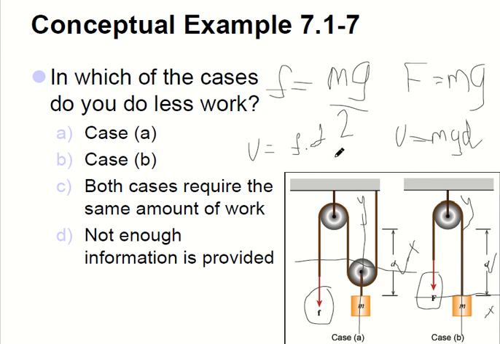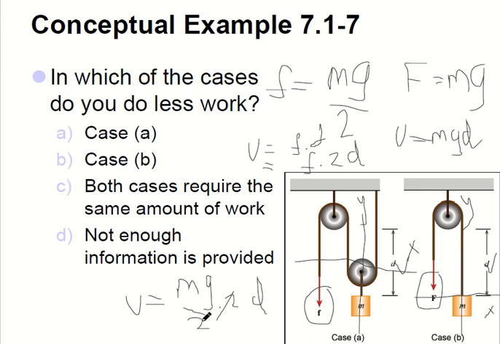For double pulley, because you go up 1 and 2 times, the distance is 2d. So you have force times 2d, going up this way and that way at the same time. And of course, F is mg divided by 2, and then times 2d.